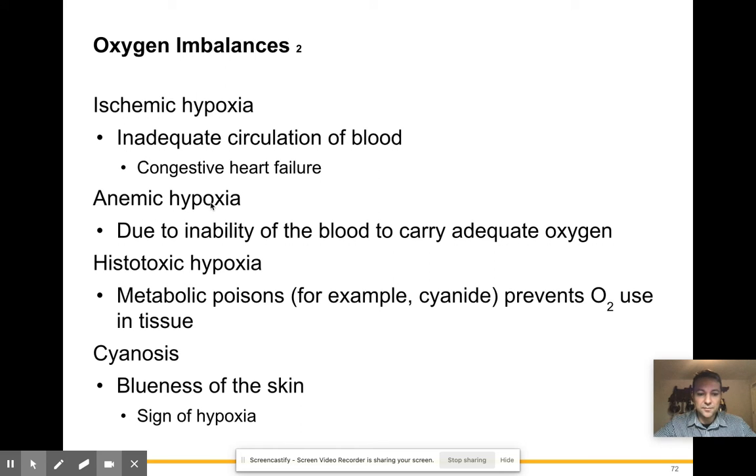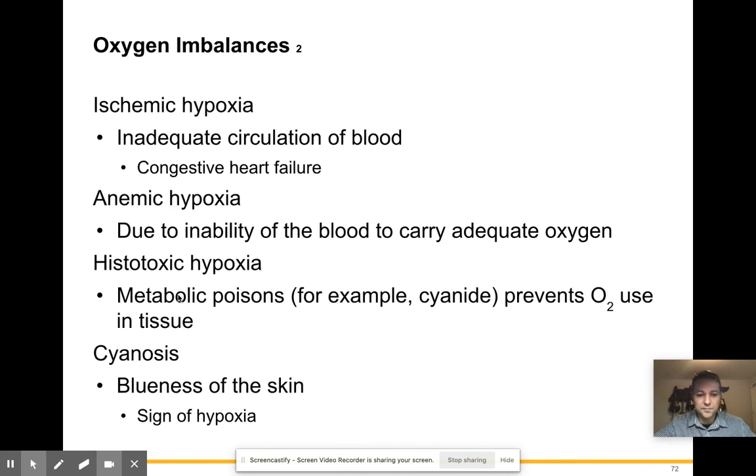Anemic hypoxia: if you've heard the term anemic before, a lot of times people who are anemic have some type of iron deficiency. Anemic hypoxia is typically due to an inability of the blood to carry adequate oxygen, and a lot of times that is due to an insufficient amount of iron in the body.